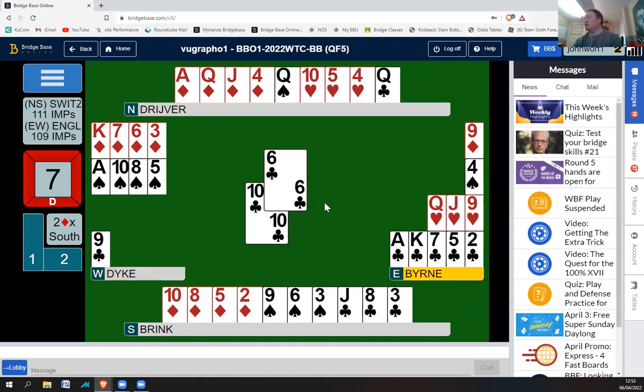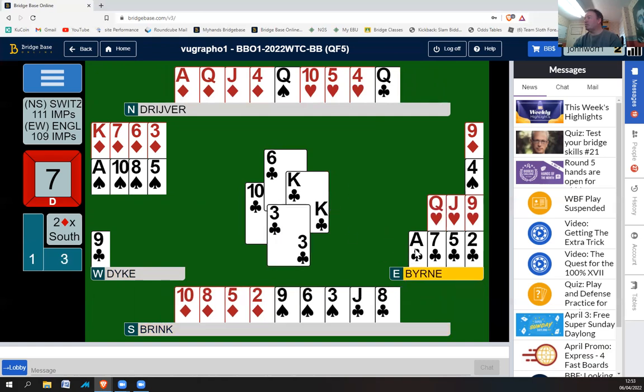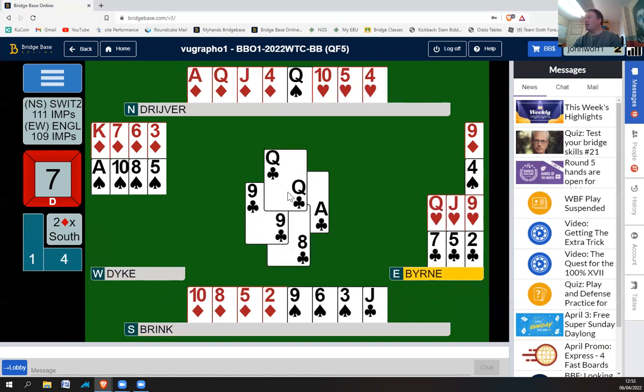Here they're trying to get the clubs. They're going to cash the 2 club tricks first, and then play a spade. After a little bit of thought, this hand should play a spade, knowing partner's got the ace, king of spades.